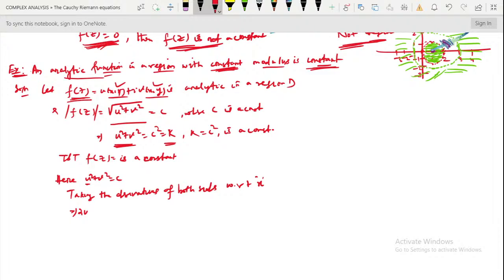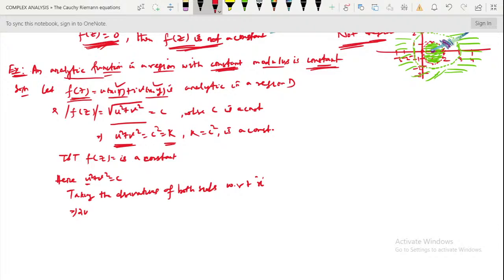This is u plus iv. A constant is itself a constant function, so this is analytic. This thing is analytic, it is saying, and the argument of f of z is constant.